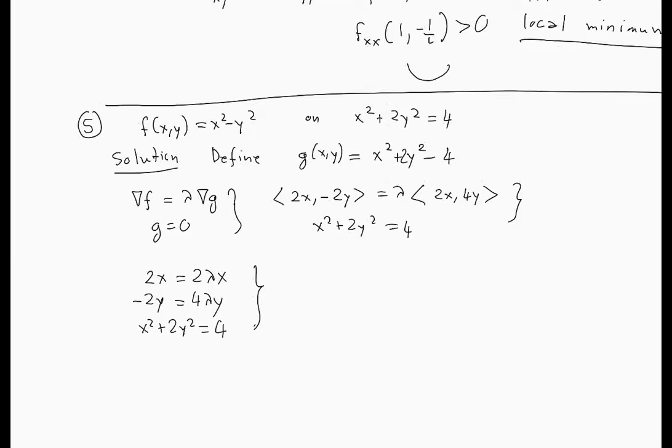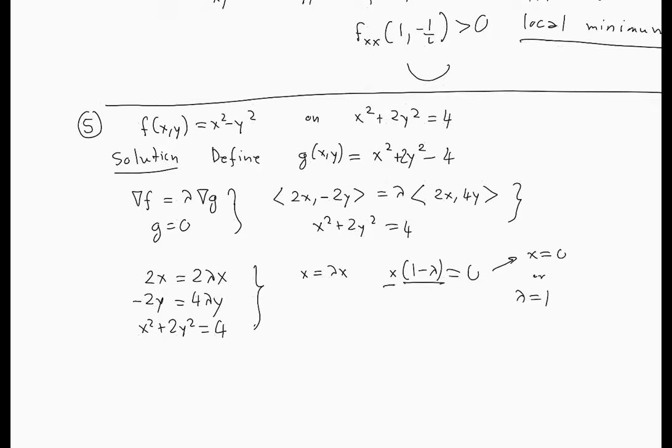Here in this case, the easiest thing you can do is actually start with the first equation, divide by 2. So that will give you x is equal to lambda x, and then bring everything to the left-hand side and factorize. So that will give you x times 1 minus lambda is equal to 0, which means two things. x is 0 or lambda is 1, right? Because one of these two factors has to be equal to 0.